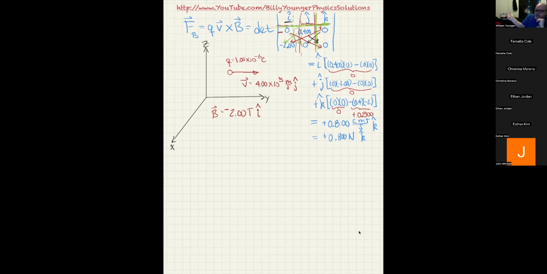Now the magnetic field points into the page because the x-axis is supposed to be coming out, and I said it was in the -2 i hat direction, so it actually points towards the screen for me. That means the force is going to be in the upward direction, which is the k hat direction, and that's exactly what we got. We got positive 0.8 newtons in the k hat direction.